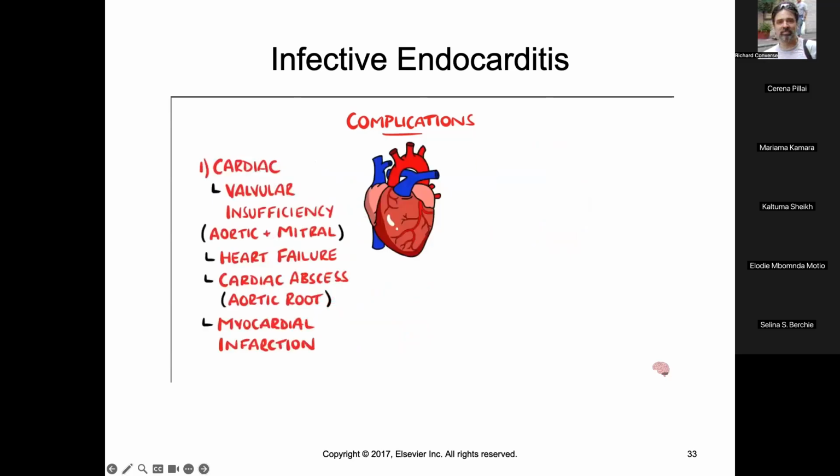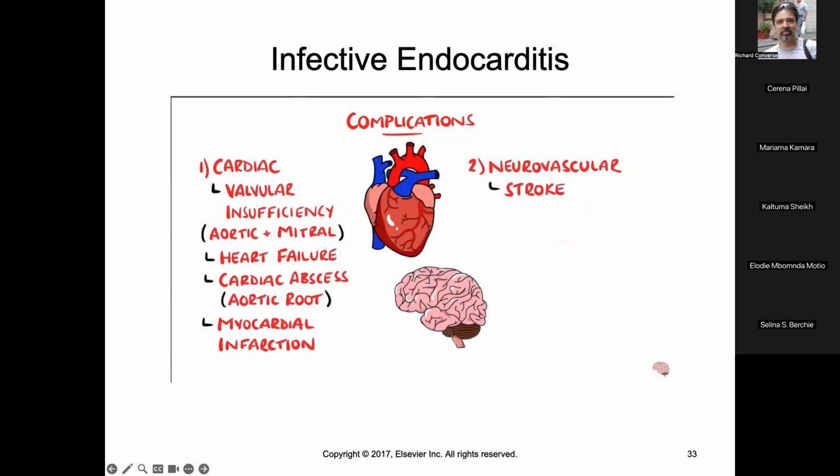The central nervous system is commonly affected, including ischemic and hemorrhagic strokes and the formation of cerebral abscesses. Mycotic aneurysms, which are aneurysms caused by infection of the vessel wall, can form throughout the body's vasculature, but they are particularly common in the cerebral vessels.